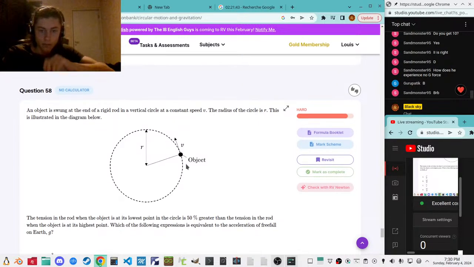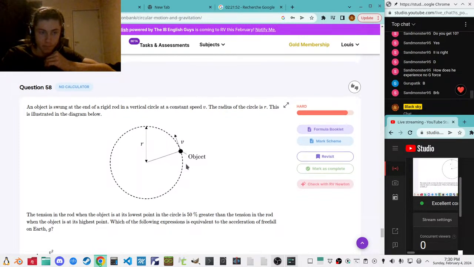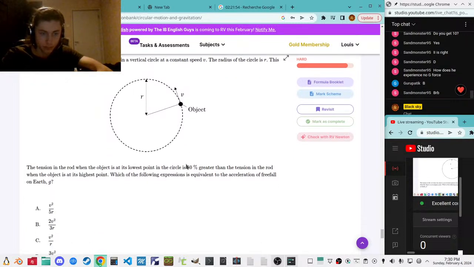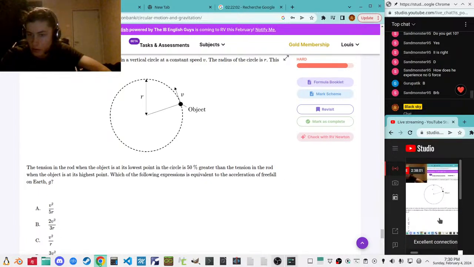Constant speed. Radius of the circle is r. And the circle is... Wait, am I? Yeah, I'm still in frame.